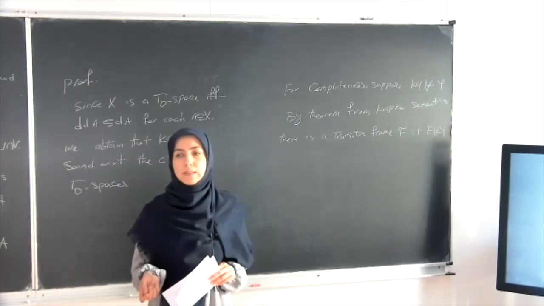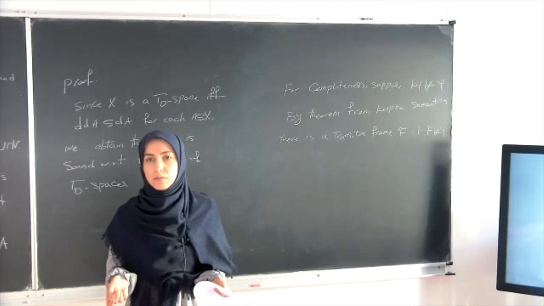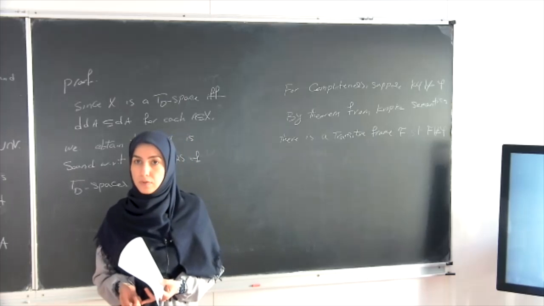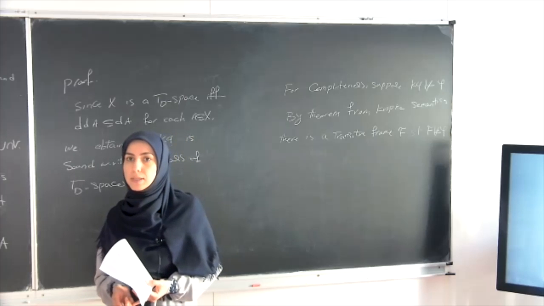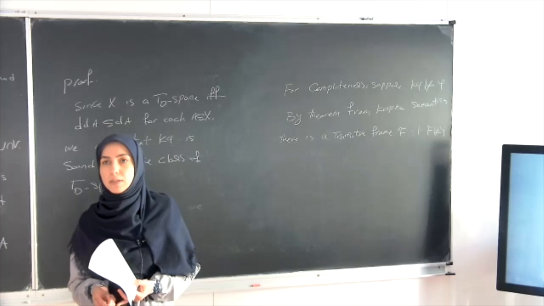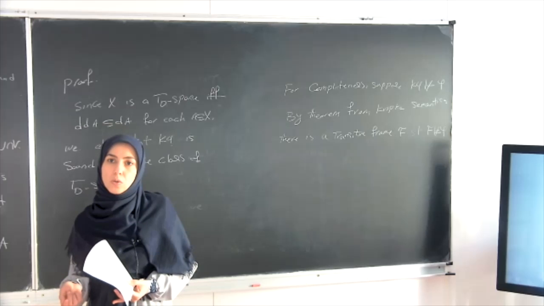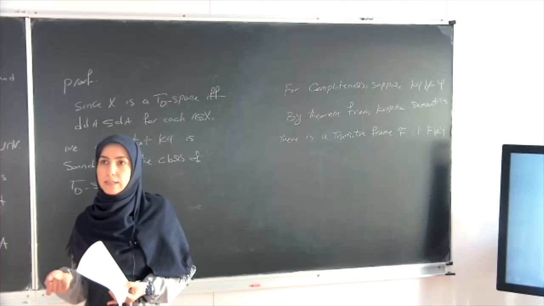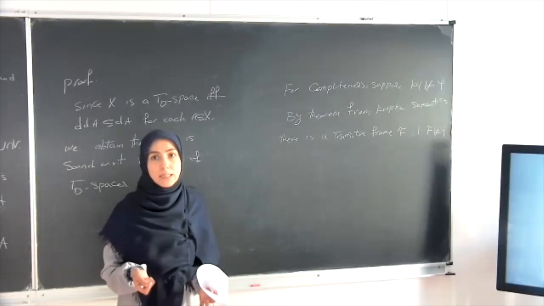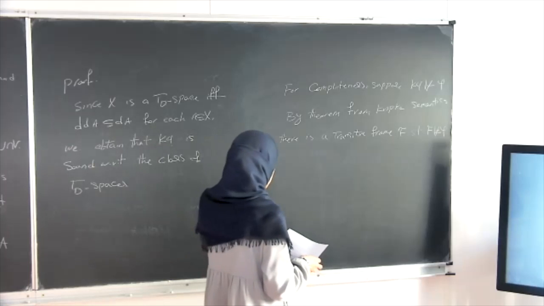If our frame is an irreflexive frame, then we can make the topological space over that and conclude that phi is not valid over that topological space. But it's possible that our frame is not necessarily irreflexive and it contains some reflexive points. So we should handle these reflexive points and make our frame irreflexive in a way that the validity does not change. We do this in this way.